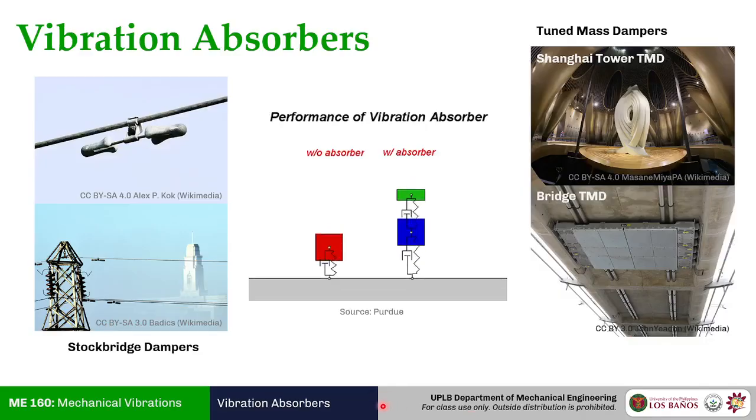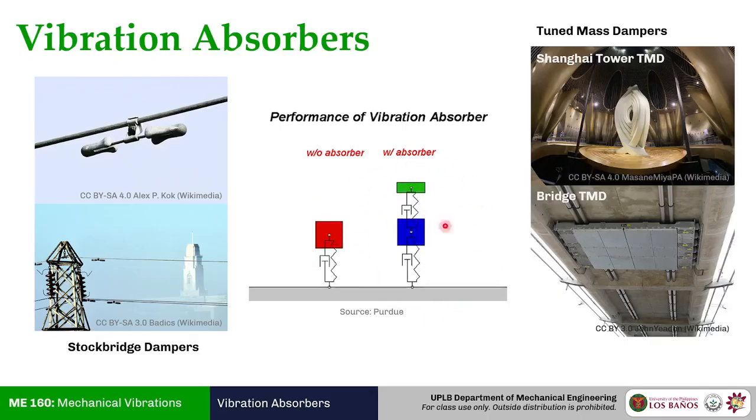When it comes to comparing an unprotected and a protected system with an absorber, here's what it looks like. So if you have a base excitation, your system is kind of okay, so it's vibrating a little too much for my comfort. And if you insert or install a vibration absorber that is tuned just right, you can get this particular performance.